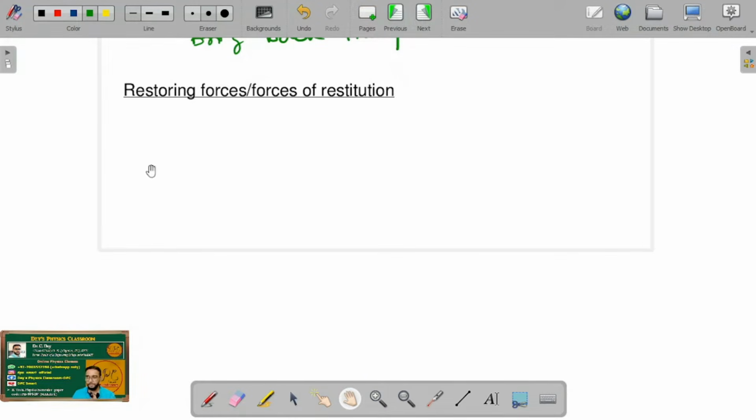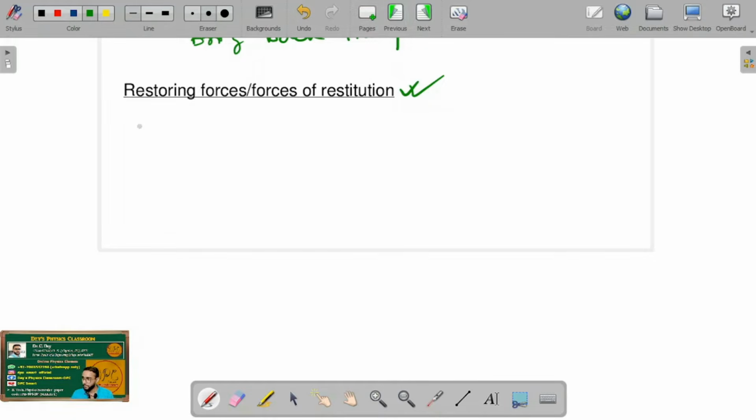Now another term is there which is called restoring force or force of restitution. Whenever a particle is displaced from its rest position, a force starts acting on that particle which tries to bring it back to its rest position.